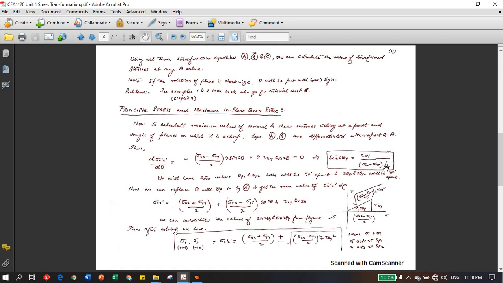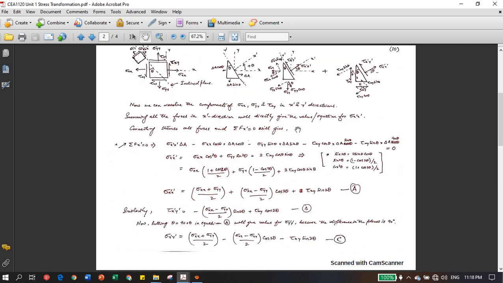Basically this is the value you can calculate, and if we calculate this 2 theta p and put it back in equation A, using cos 2 theta p and sin 2 theta p, we can calculate the maximum value of the normal stress.